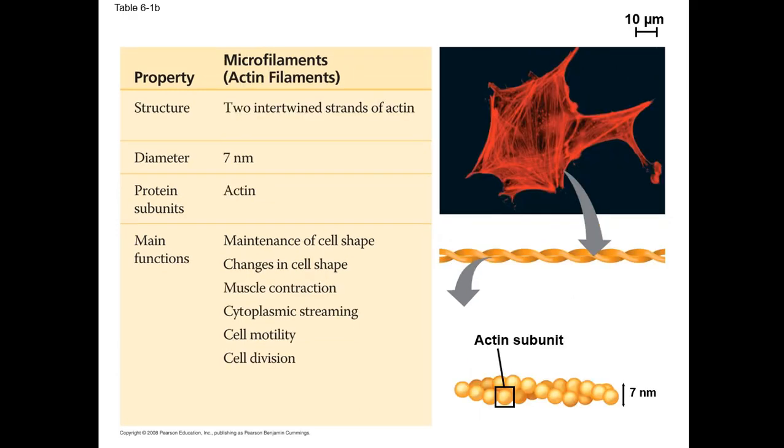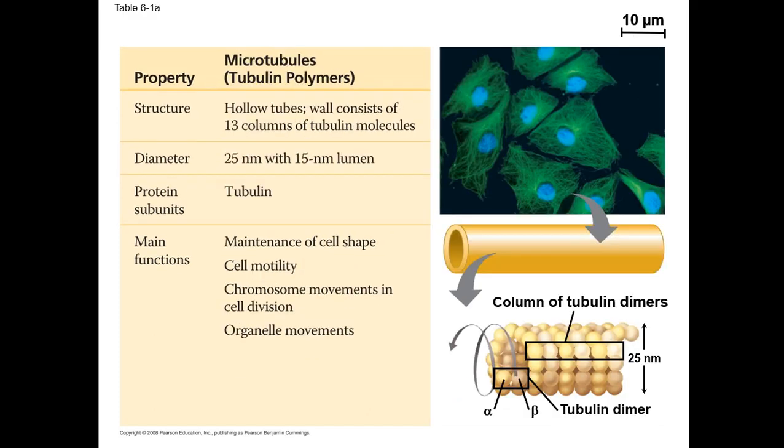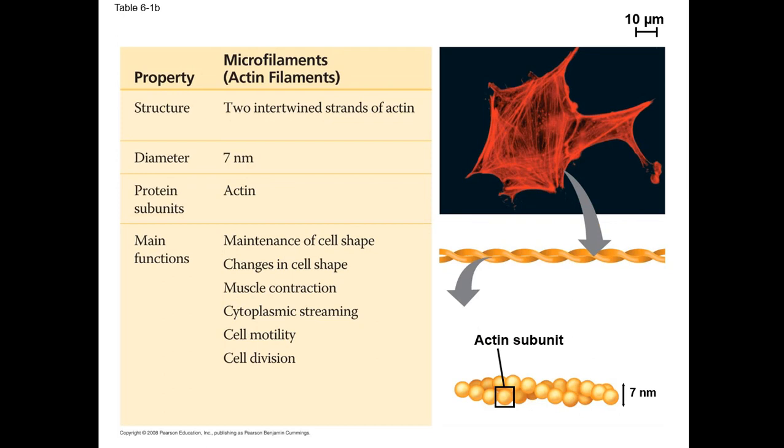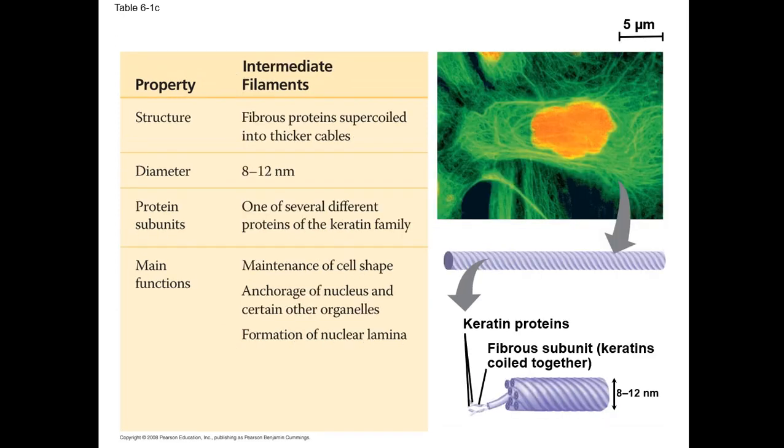Main function ng microfilaments: maintenance of cell shape, changes in cell shape, muscle contraction kasi it's made up of actin filaments, cytoplasmic streaming, cell motility, and cell division. Actin microfilaments are present during cell division. Intermediate: maintenance of cell shape, anchorage of cell nucleus and certain other organelles, and formation of nuclear lamina. So, ito yung nagko-compose ng nuclear lamina.